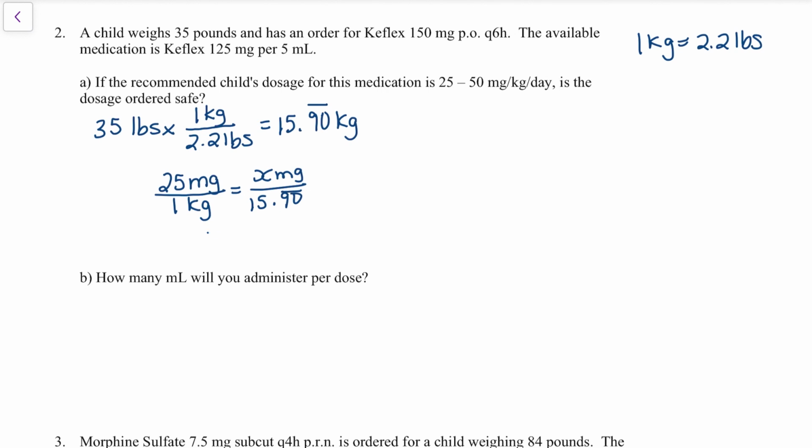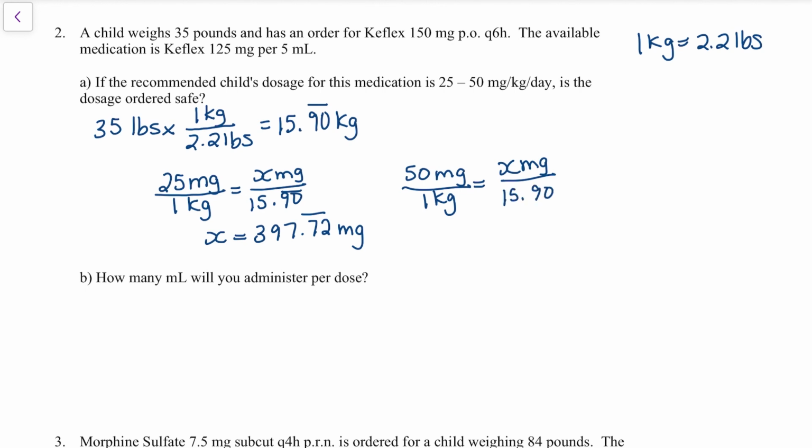And then you get X equals 397.727272 milligrams, up to 50 milligrams for 1 kilogram is how many milligrams for 15.909090.